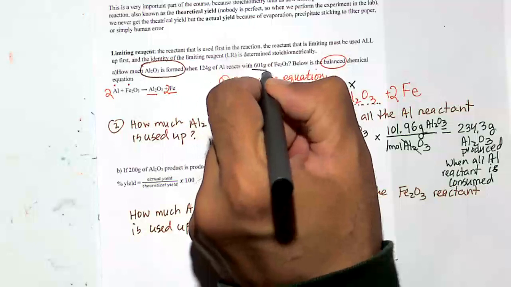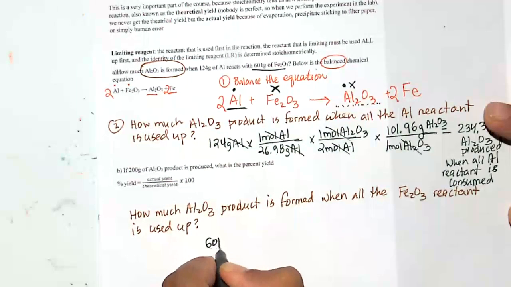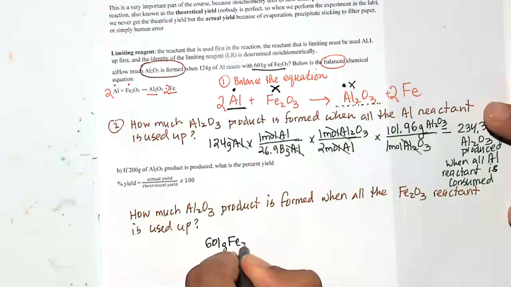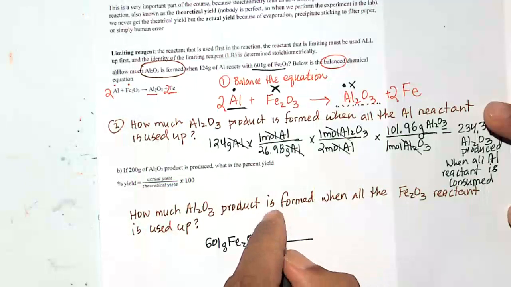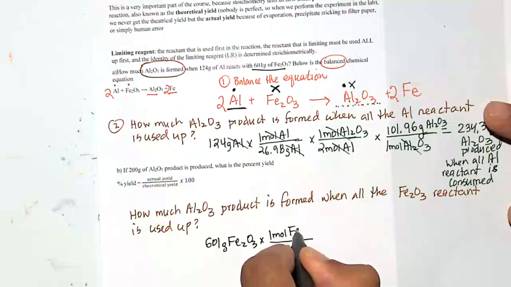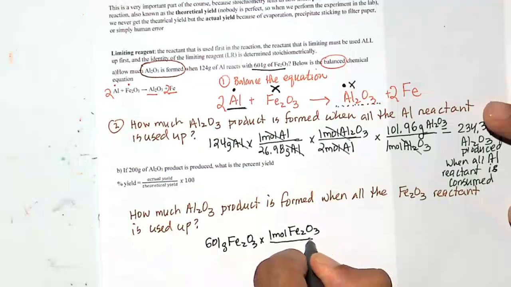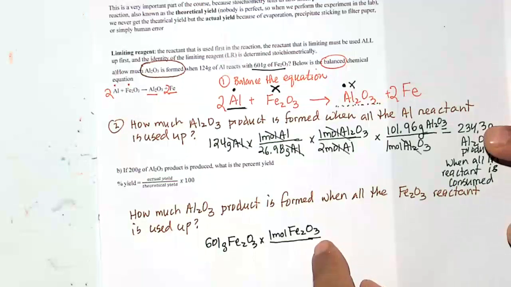So here we're starting off with 601 grams of Fe2O3. This is iron(III) oxide. For 1 mole of Fe2O3, you take the number of iron times 2, and the number of oxygen, which is about 16 times 3. You add them up.